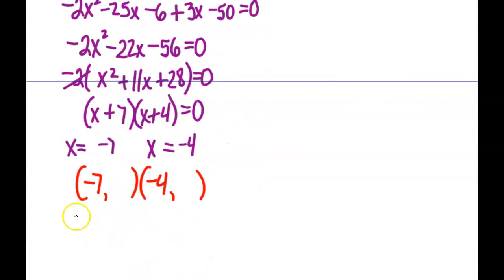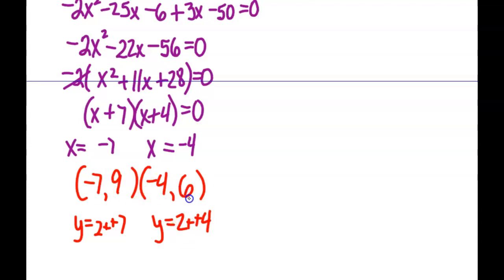So if we go down here and say y equals 2 minus negative 7, or y equals 2 minus negative 4, that'll give us the y value for those. Does that make sense? I think this is 9, and this would be positive 6. Did I do those right, guys? Okay. But you need to find an xy ordered pair as your answer, or say no solution if there isn't one.